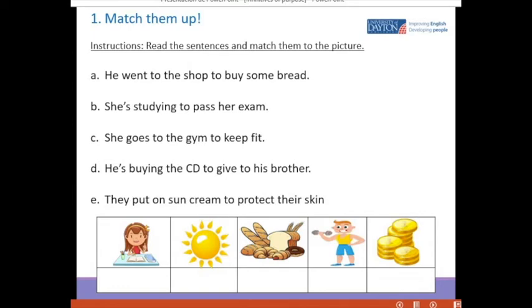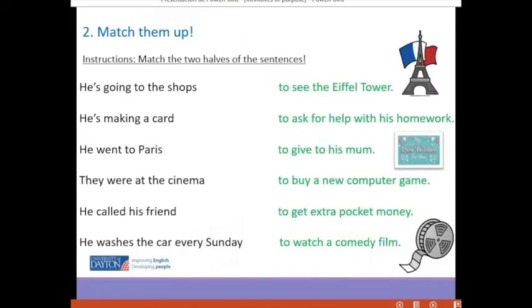Do you have the answers? Okay, excellent. Let's check them out. Great. Were you correct? Excellent. Let's check another exercise. On the left, we have the action.